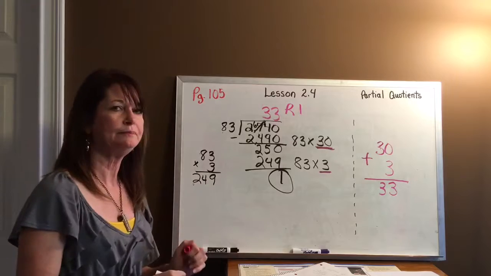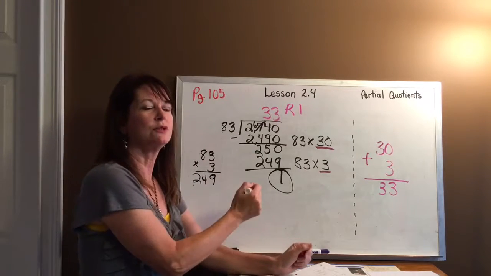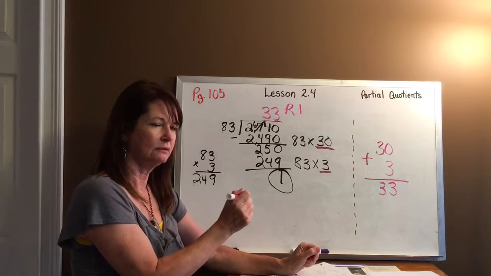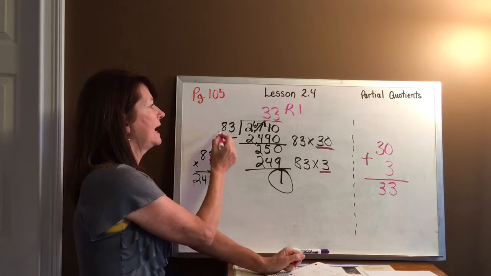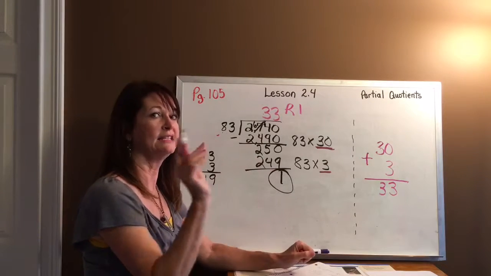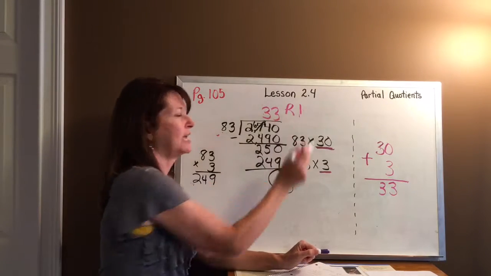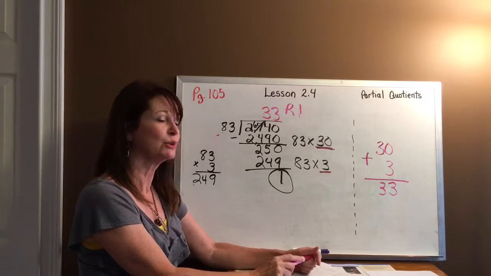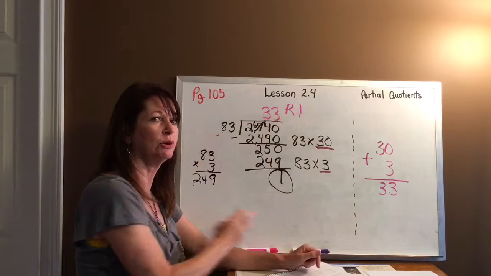Do you remember how to check it? What about when it has a remainder? How do you check it? Think about it. Okay, multiply 83 times 33. And then add your remainder. And again, you're going to have it 100% because you have done this problem correctly.